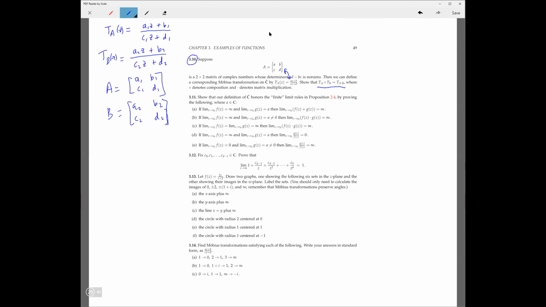Okay, now if you multiply A times B, are you guys familiar with matrix multiplication? Do you want me to review it a little bit? Because maybe that's the problem.